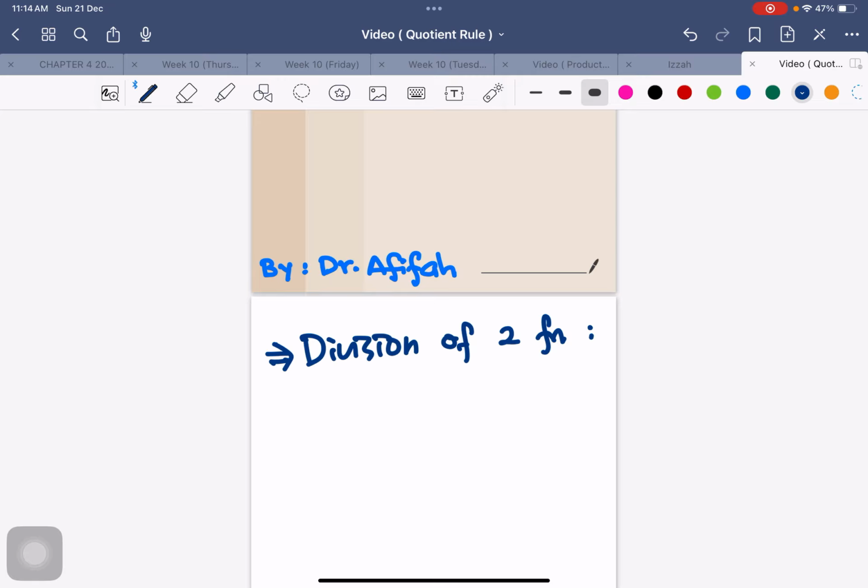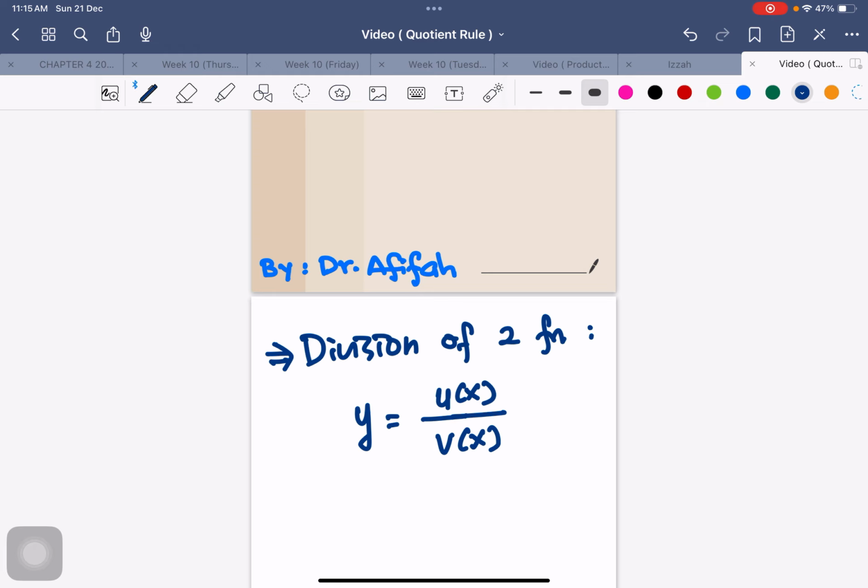So syarat dia adalah multiplication of two functions. Okay, but for quotient rule syarat dia adalah division of two functions. Maksudnya your y must be in terms of u over v. So ada function dekat atas, ada function dekat bawah.